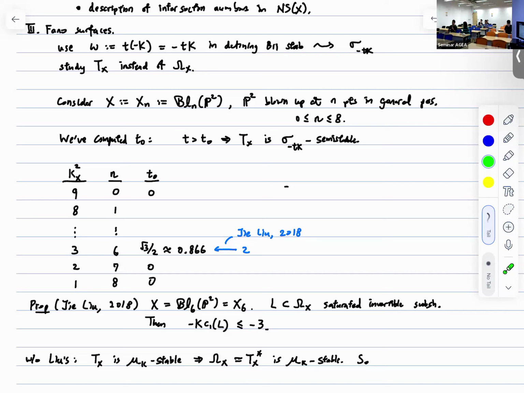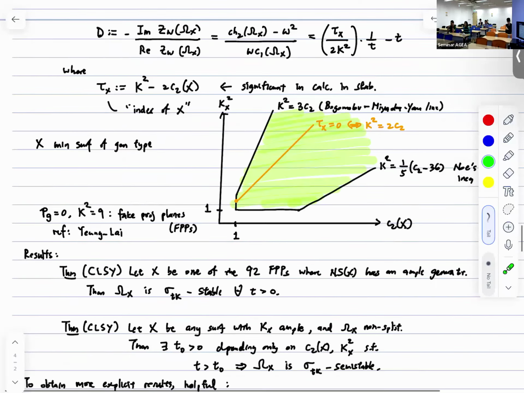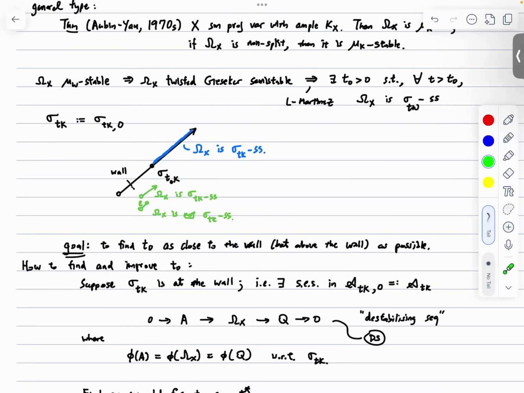Maybe a question. I think you tried to explain, but I didn't understand. At some point you were trying to find the T0 as close as possible to the wall. What was the motivation for trying to find such an optimal T0? Right. If you can work out where the actual wall is, then you would know that at this wall the cotangent bundle would be strictly Bridgeland semi-stable.